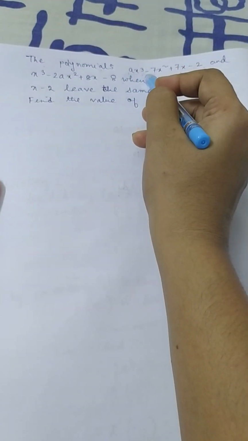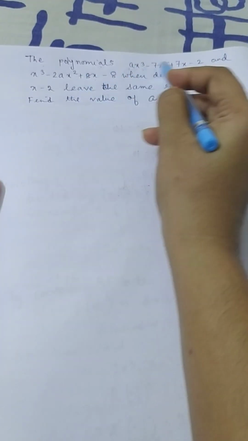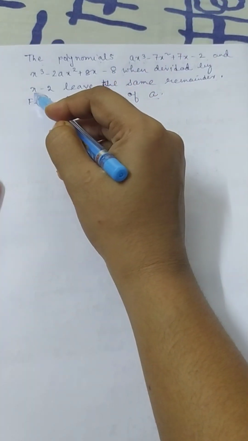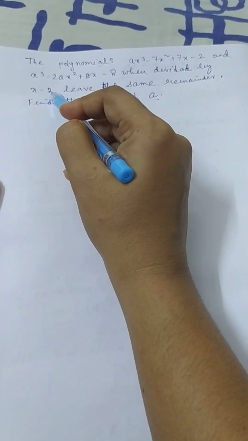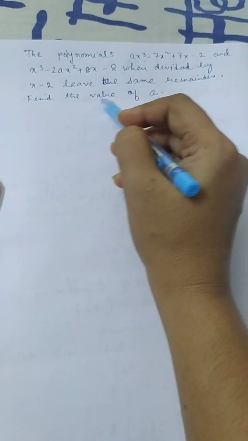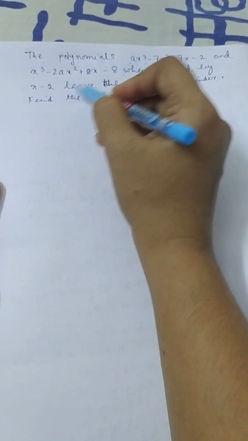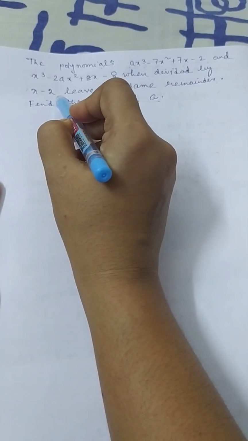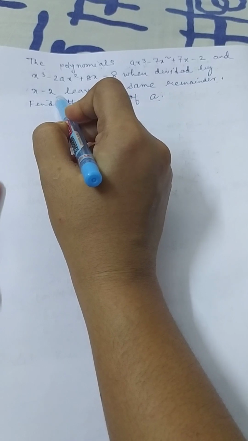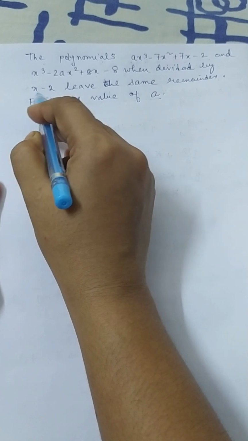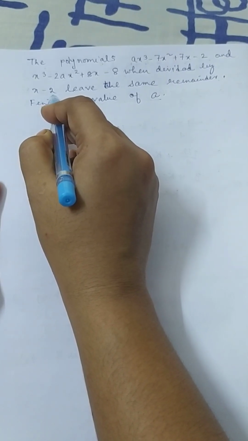But here in this case, two polynomials are given, and when they are divided by the same polynomial, that is x minus 2, they give the same remainder. So both these two polynomials are divided by x minus 2, so you can remember that it will follow corollary 1, right?